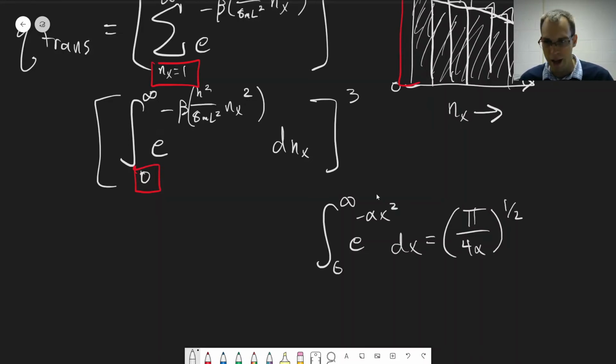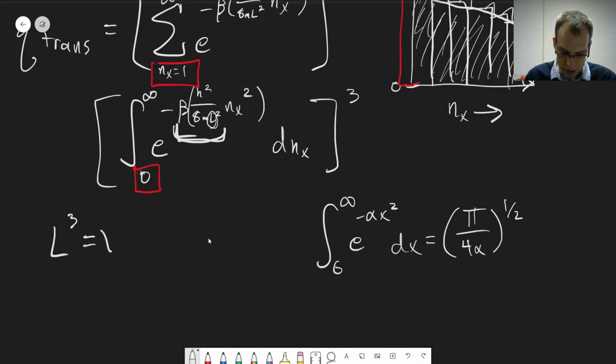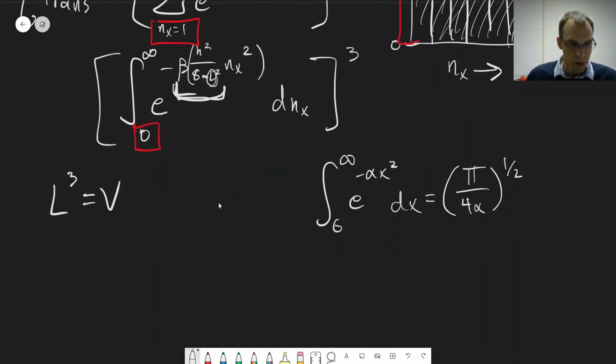Okay, so everything except for the nx squared is going to end up in our solution here. One thing I'll note is that we have an L here. If we take L cubed, that's equal to our volume, so we're going to end up with a volume at the end of this as well. Okay, so Q trans is equal to 2 pi.